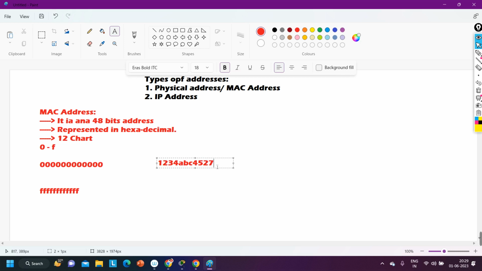Size of this address is 48 bits. There are 12 characters, in groups of 4, 4 and 4. Now we have representation.